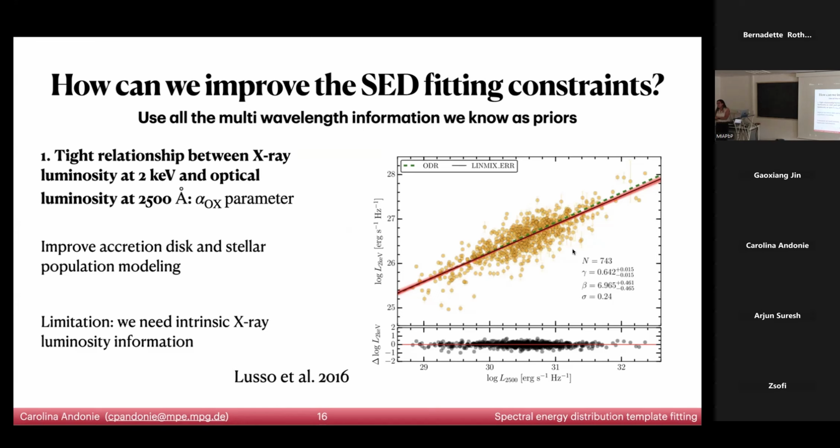So I can use this information as a prior in my SED fitting process to improve the constraints of the accretion disk. Now, what is the limitation of this? Of course, we need the intrinsic X-ray luminosity. So we need some X-ray spectral constraints of the sources. But even if we only have the observed X-ray luminosity, that can at least help us to set a lower limit of what would be the accretion disk luminosity, right?